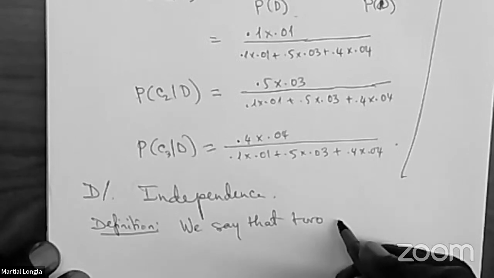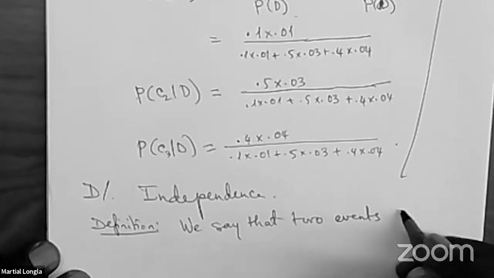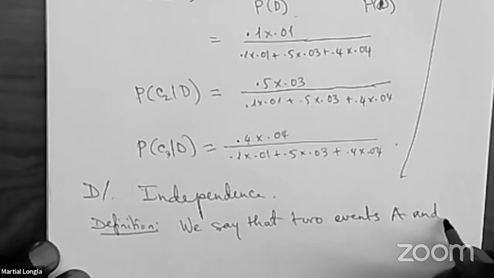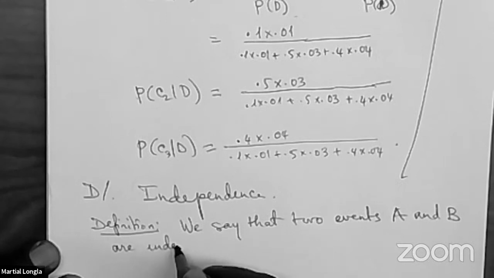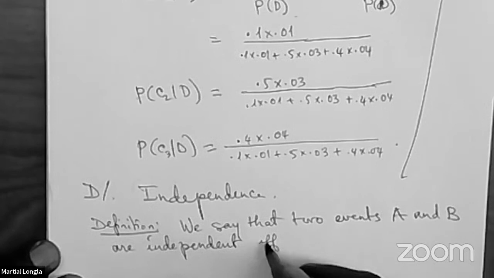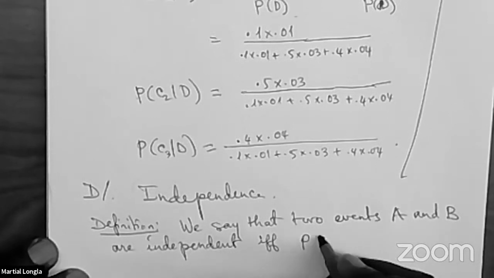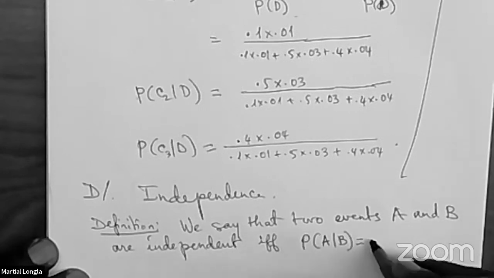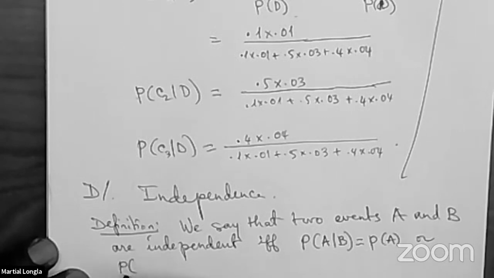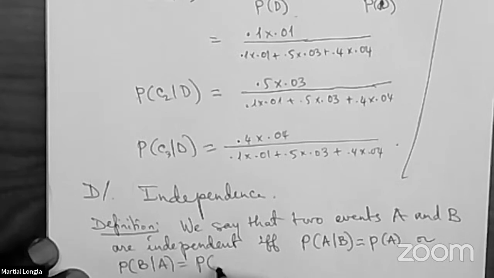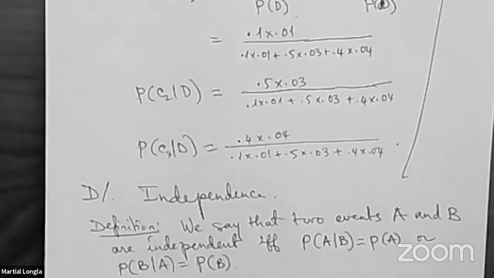We say that two events, A and B, are independent if and only if the probability of A given B equals the probability of A, or the probability of B given A equals the probability of B. Which means what?